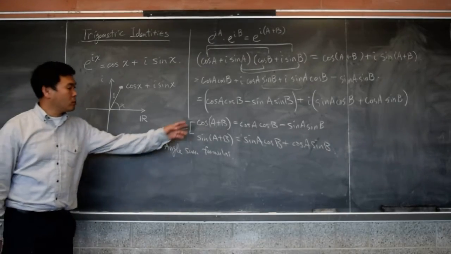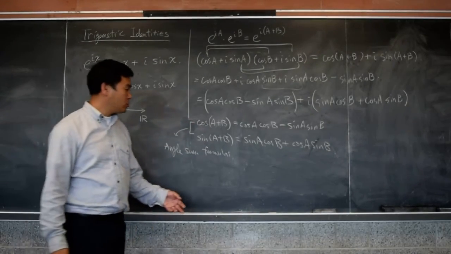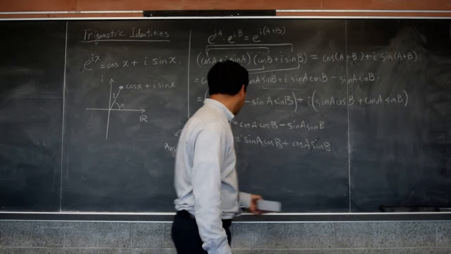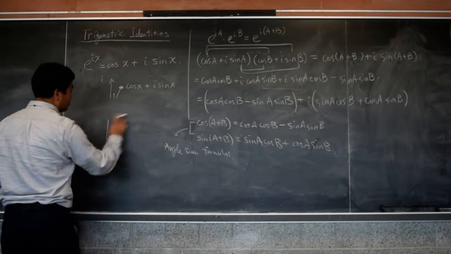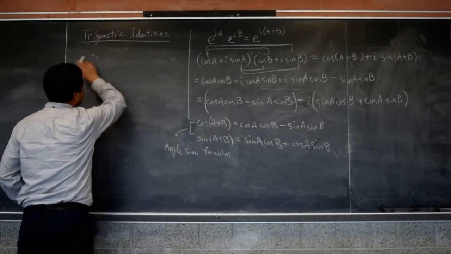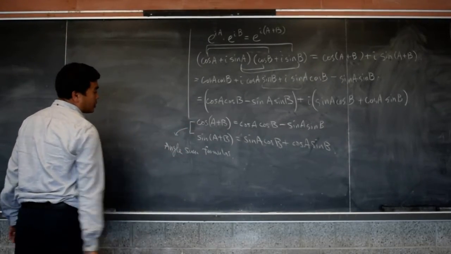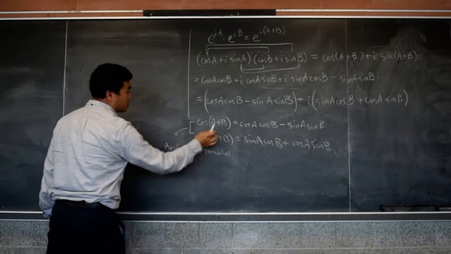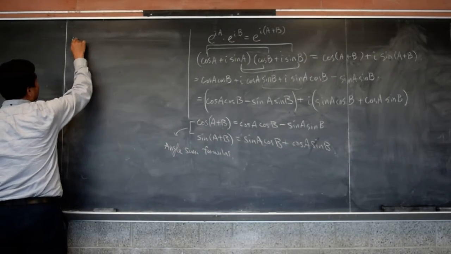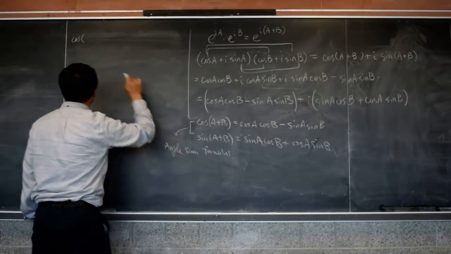Now from these two, many useful formulas come up. The ones that you already know of when you're using it for Calc 3 were the following. If you have A and B equal to each other here, you get cosine of A plus A, which is 2A, right?